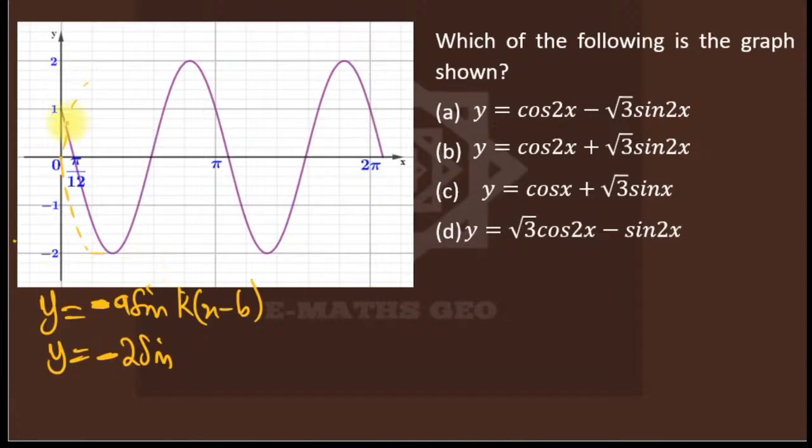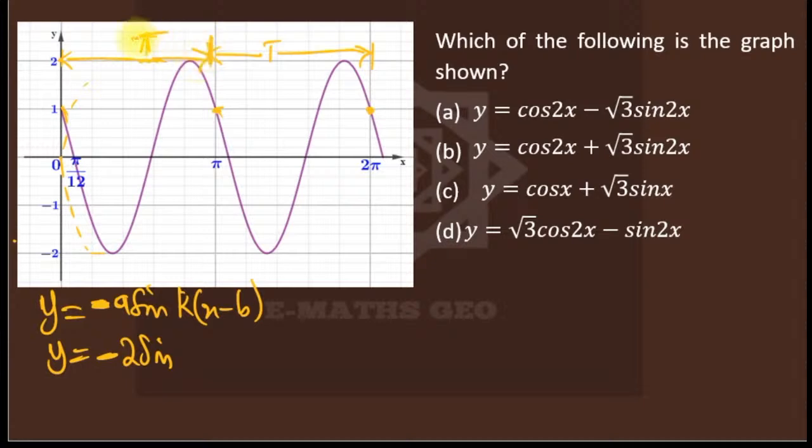So what is the period? As you can see, this graph started from here and it will end here before repeating. Or it will start from here and end here before repeating. So from here to here is one period.